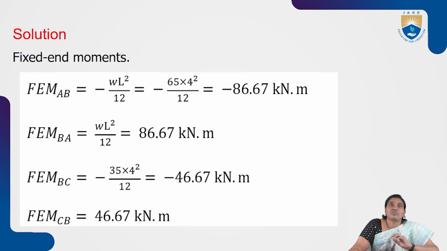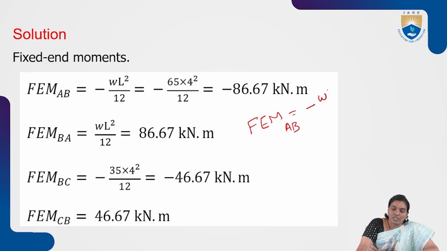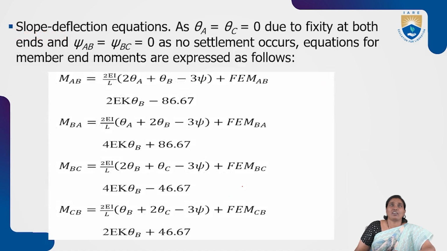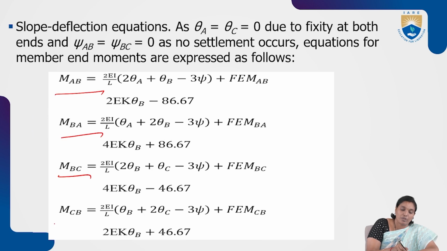First, find out the fixed end moments. The formula we choose is minus WL square by 12, which gives the fixed end moments. Here the different load conditions are there for A to B and B to C, and according to that we get the fixed end moment values. After that, we find the slope equations based on the equilibrium condition.